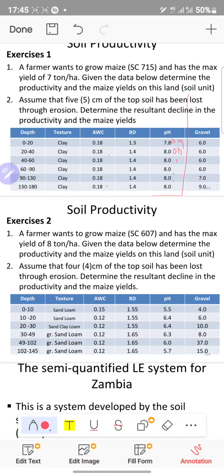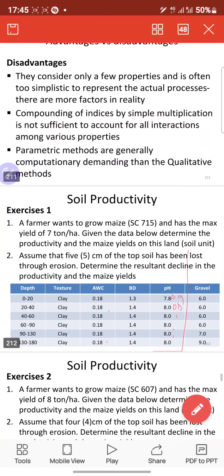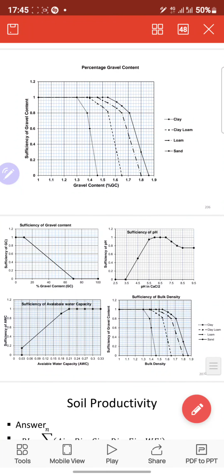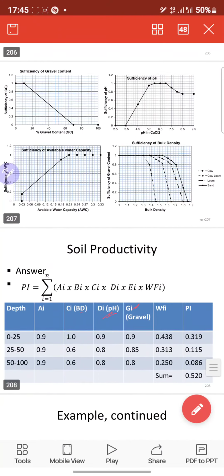Then gravel 6, you come also to the gravel graph. Where is gravel? Okay, gravel content. So you also look for clay. I guess this is the one, and it is the value for gravel 6.